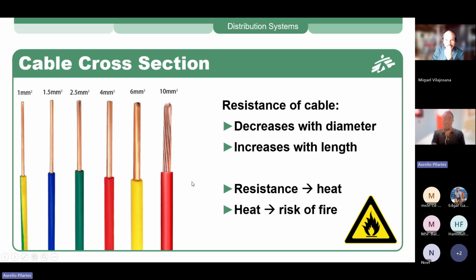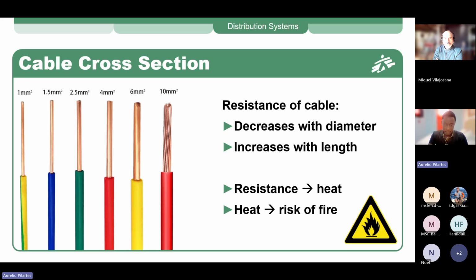All the cables should be properly sized, which means the cross section should be in accordance with the power you want to supply, and then the MCB should be sized according to your cross section. There are standard cross sections that you may find in the market and use in our installations. And for each cross section, there's a limit of current rating for the circuit breaker.